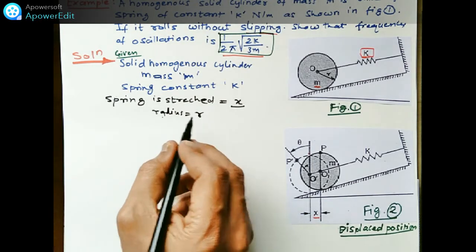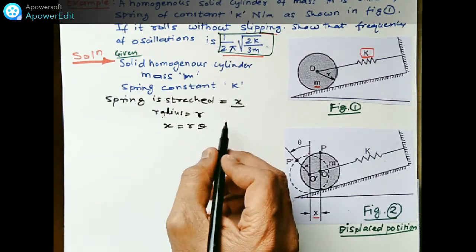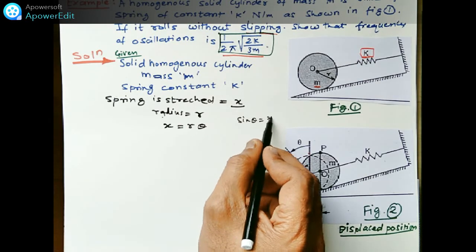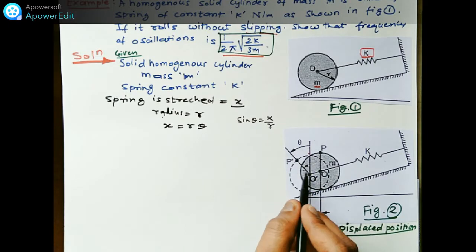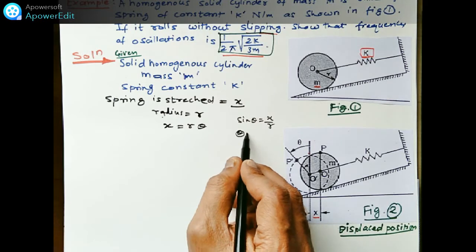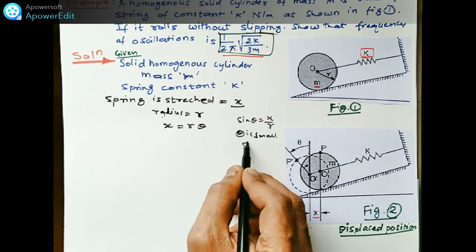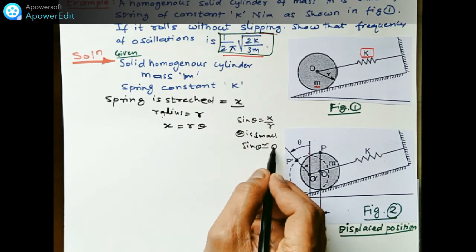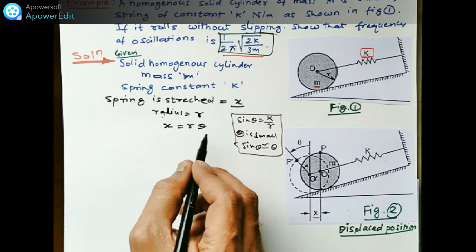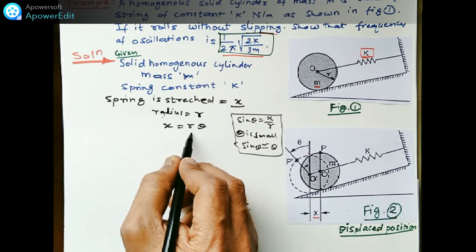From this formula x is equal to r theta, or sin theta equals x by r from this triangle. Since theta is very small, sin theta becomes theta. So this is the generalized formula, and putting theta in this equation we get x equals r theta.